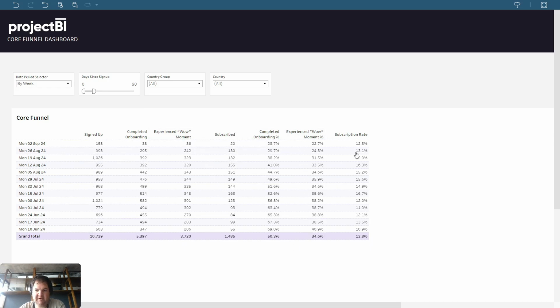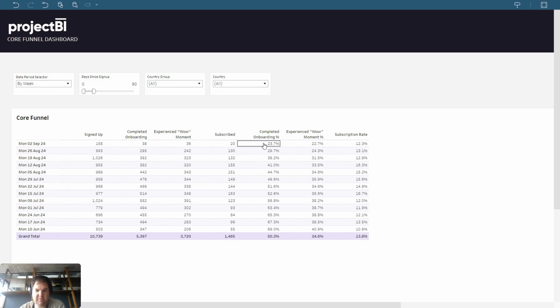Then the final 3 columns are basically the conversion rates between the steps. So signed up is our starting point. So think of this as step 1 in the funnel, then step 2, step 3, step 4. This column over here, completed onboarding percentage, is going to represent the percentage of the cohort that got to that step.